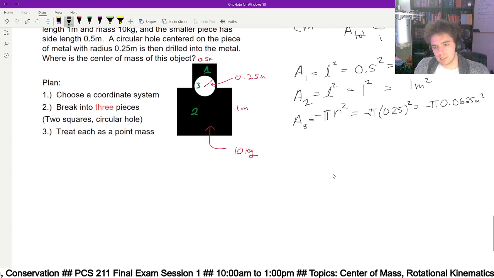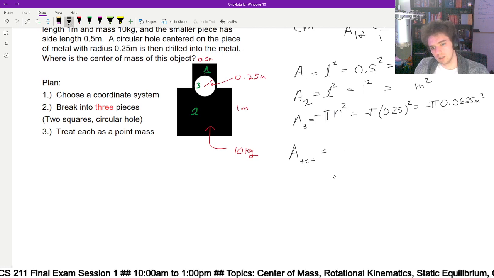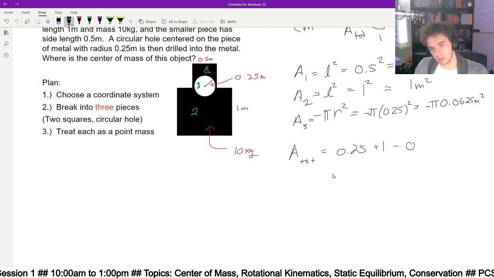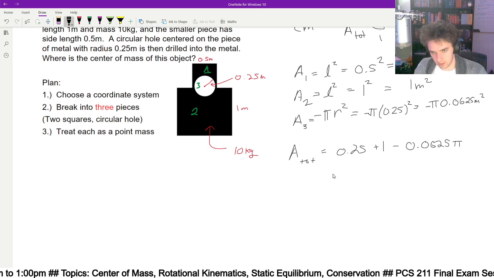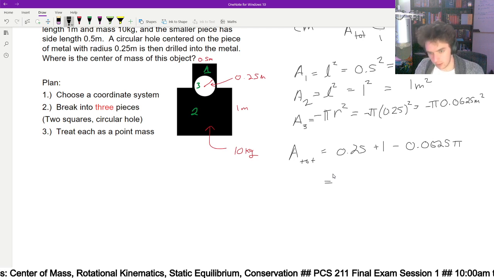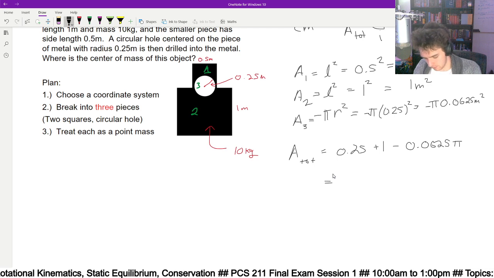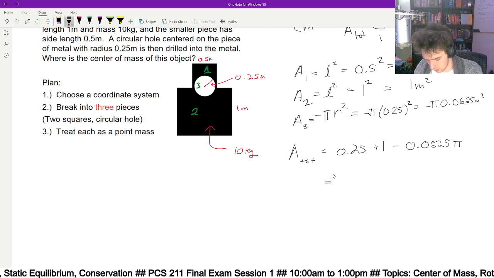The total area will just be the sum of all of it, right? So the area total is just going to be 0.25 plus 1 minus, I should write the number in the front, 0.0625 pi, right? Do I have the answer still? Yes, so I have 0.25 plus 1 minus pi times, answer.